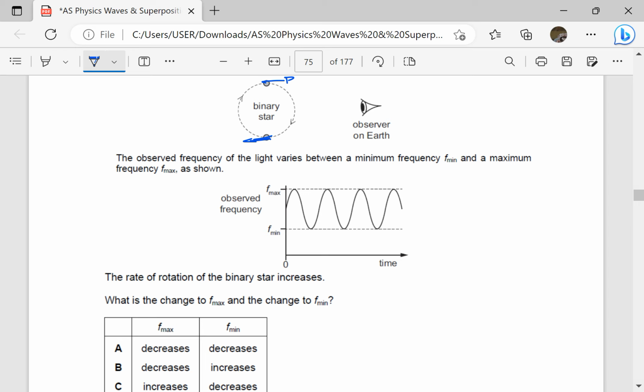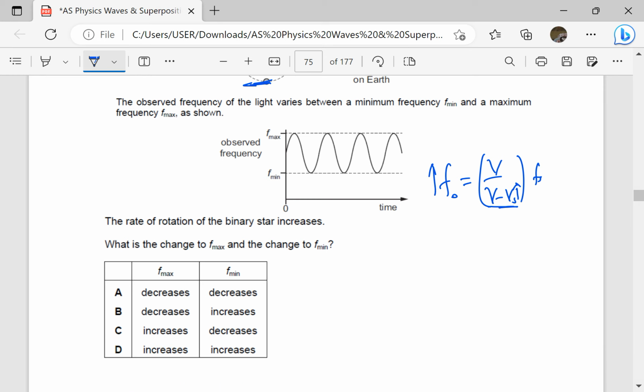They are saying the rate of rotation of the binary star increases. If it is towards, f is equal to v over v minus vs times fs. If the rate of rotation increases, it means the speed vs increases, and this difference becomes even smaller, so the frequency increases. So F max increases.